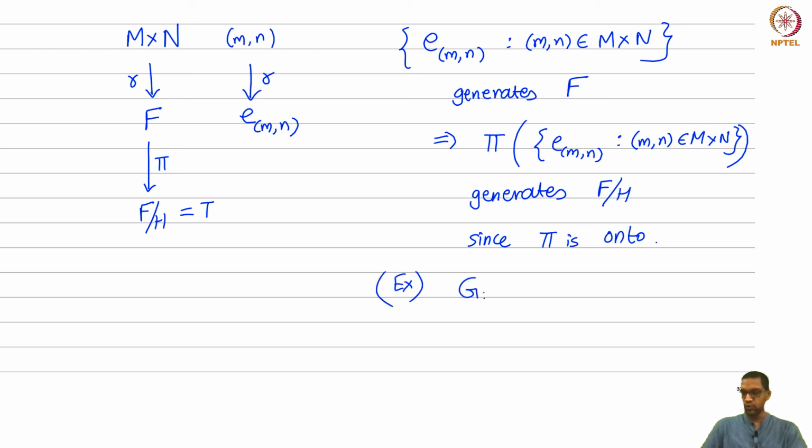If I have two groups and I have an onto map between them, which I will indicate by this double arrow, so I have an onto homomorphism, we will call it phi. Then if a certain subset S of G1 generates the group G1, meaning the smallest subgroup of G1 containing S is just G1 itself, then its image generates G2.